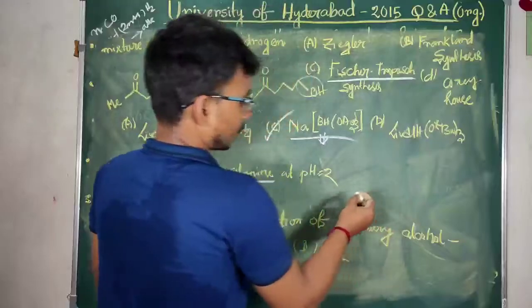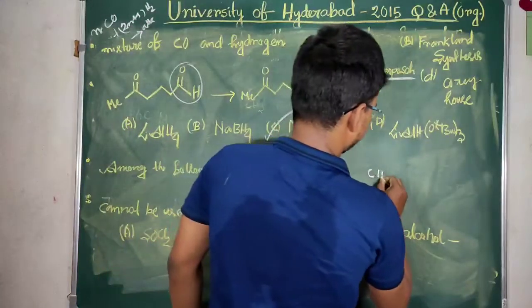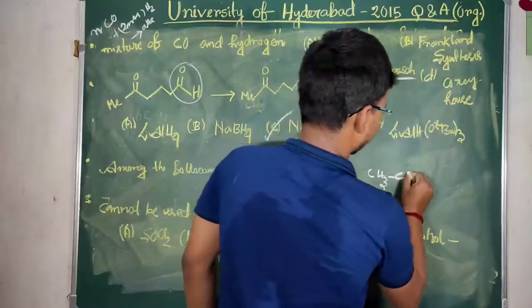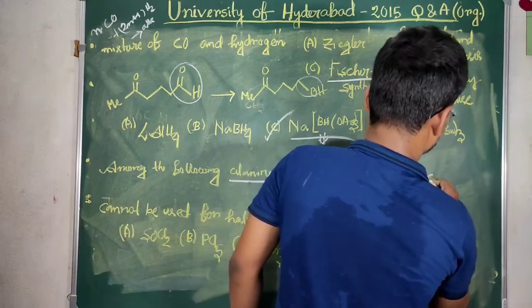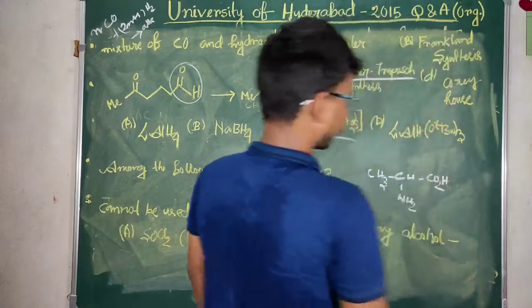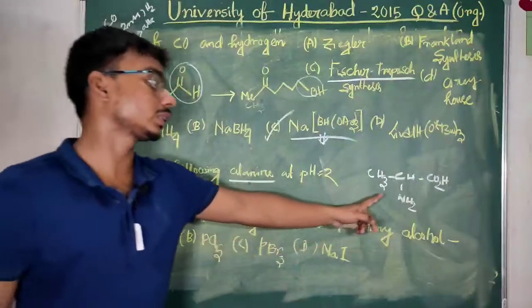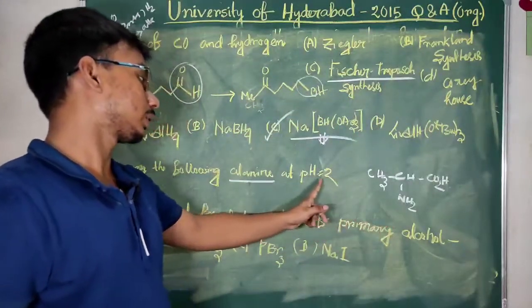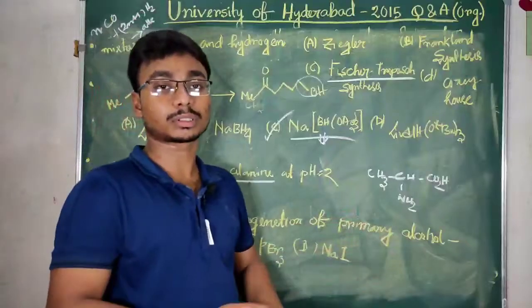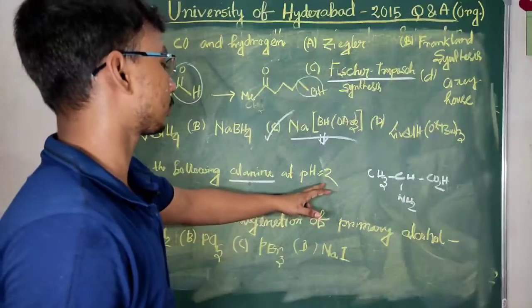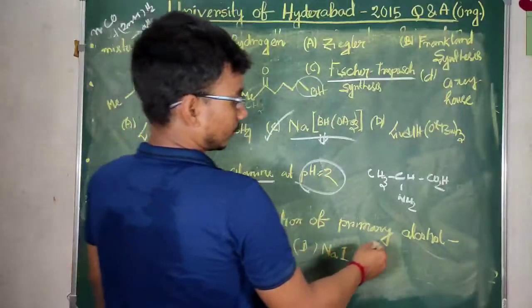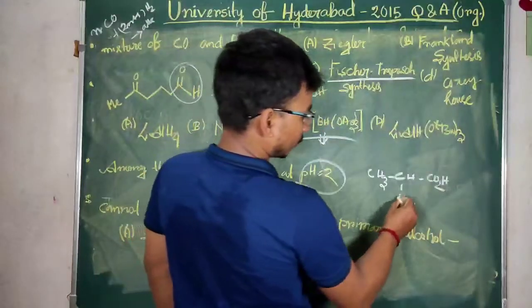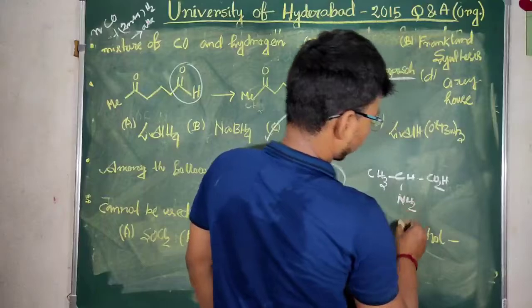So we have to draw first the neutral structure of alanine, NH2, CO2H. So it is present in a medium of acid where H+ protons are present. At pH equal to 2 it is acidic. So what will be the structure?